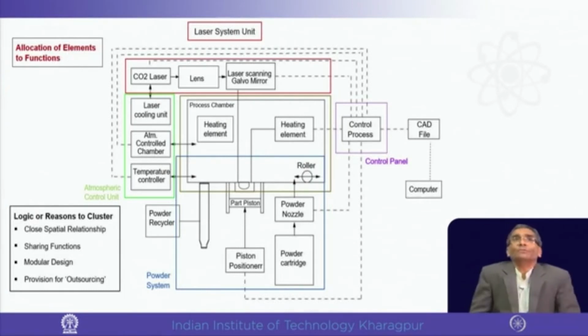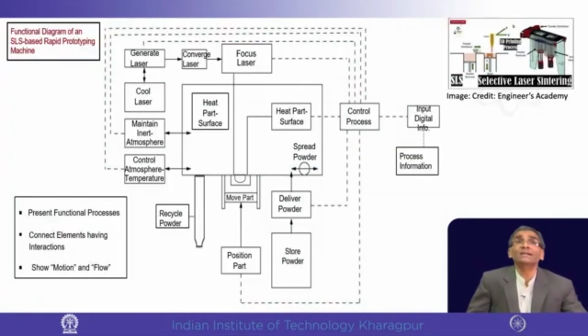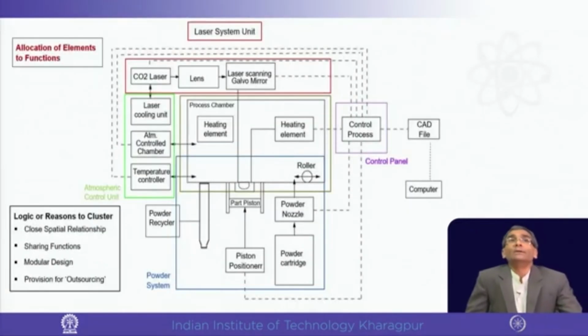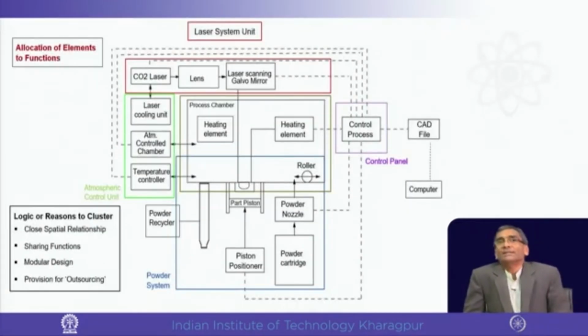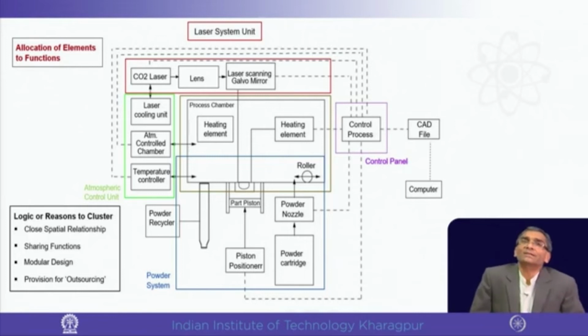This diagram shows that in the earlier case we said generate laser. Now, here we are saying CO2 laser, that is, a CO2 laser source is being used, then converge, that means converging through a lens, and then we said focus the laser.